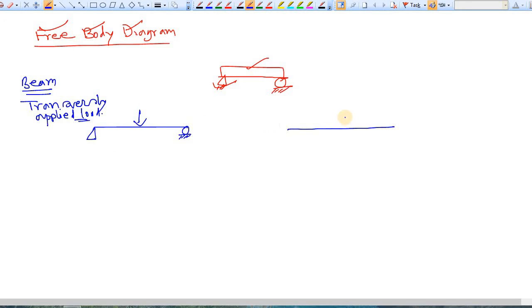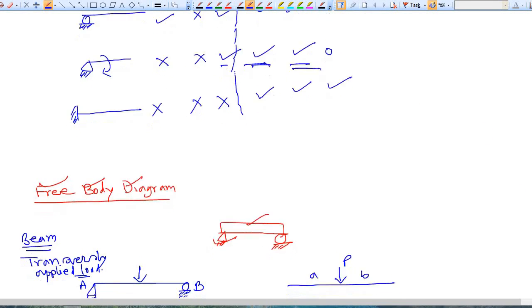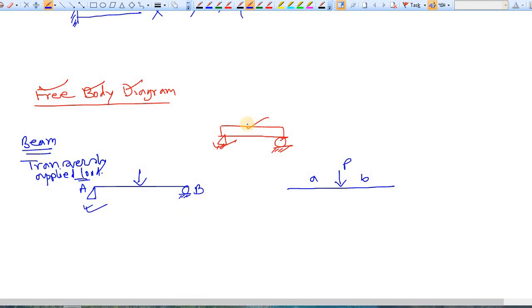You have applied a load like this, say this is P at a distance of A from support A and at a distance of B from support B. As supports exist, in the real case of course there will be some reactive force. For the pin there are two reactions, in x direction and y direction, and for the roller there is one reaction.